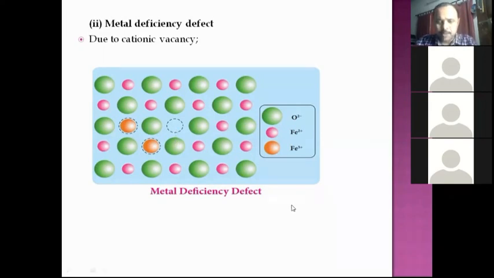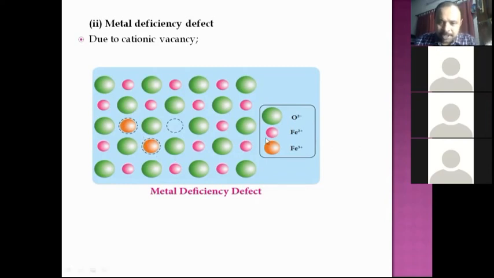Now, if Fe2 plus is missing from its lattice site, what is the problem? 2 positive charges are lost. Rather, one Fe2 plus is equal to 2 positive charges. It's lost. That has to be balanced now. In order to balance the loss of 2 positive charges, the neighboring Fe2 plus ions get oxidized.